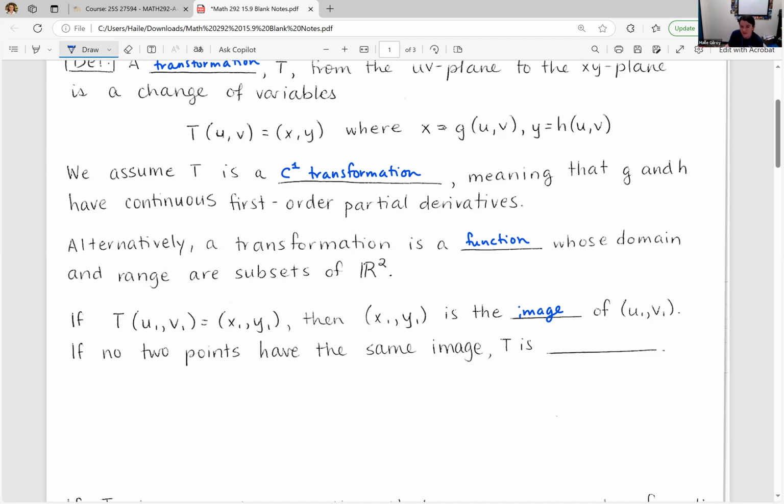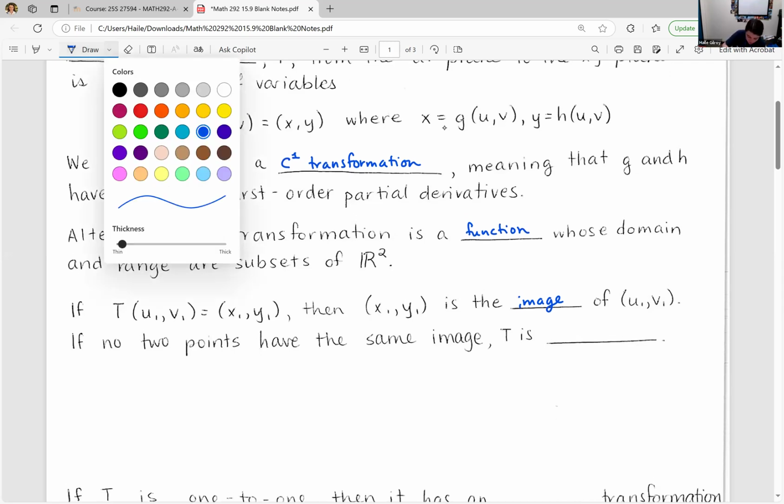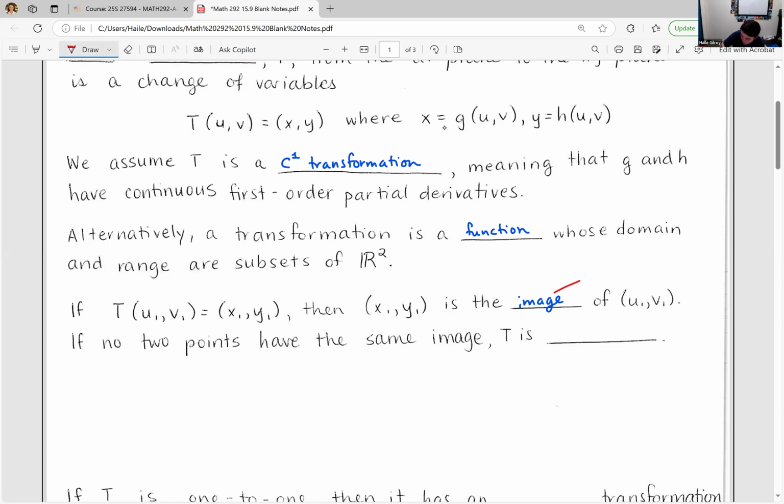Image is basically just a fancy word for output, like a y coordinate, but we can't call it a y coordinate anymore because the y coordinate is only one of the outputs. We also have an x coordinate that is an output. So we use this word image instead.